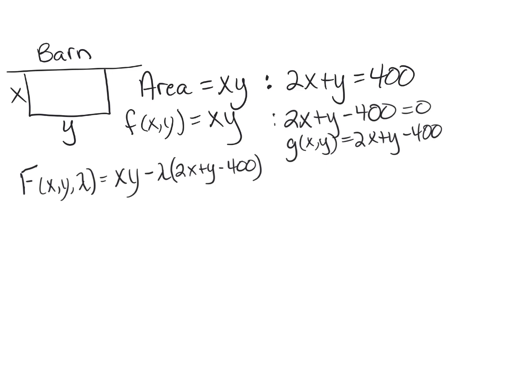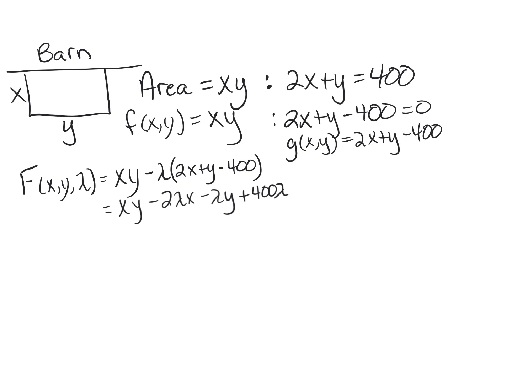It's the original f of x y minus this new multiplier times the constraint after you've set it equal to 0. So let's distribute this. We have minus 2 lambda x minus lambda y, and then plus 400 lambda.